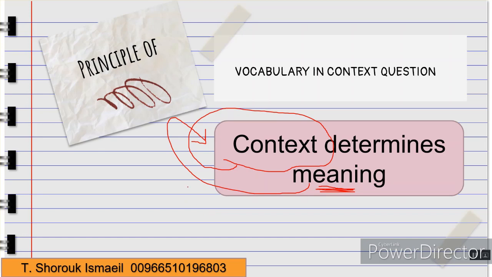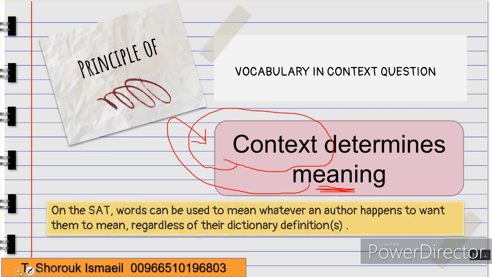So you are asked about the depth of your understanding of this context. How do they measure this depth? They measure it by such a question, the vocabulary in context question. So I'm tested in the meaning that the author wants to use this word to give, regardless of the meaning in the dictionary.